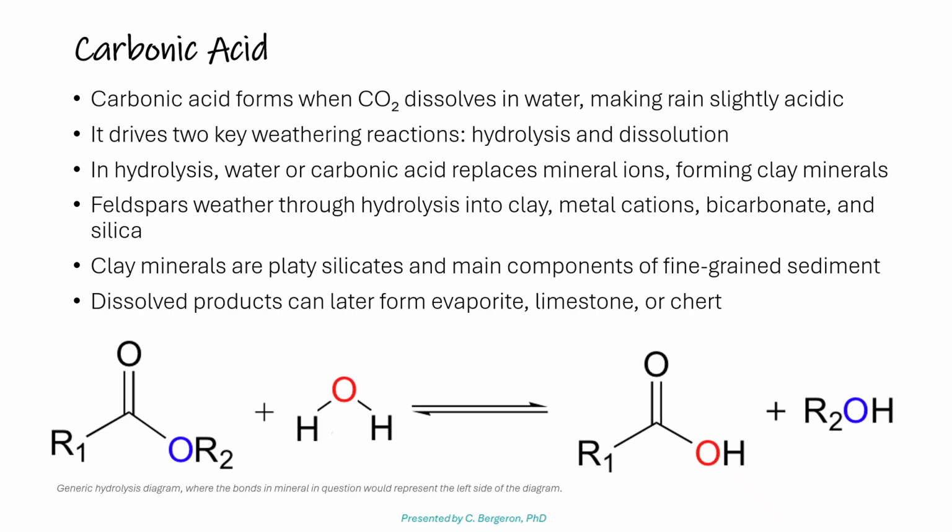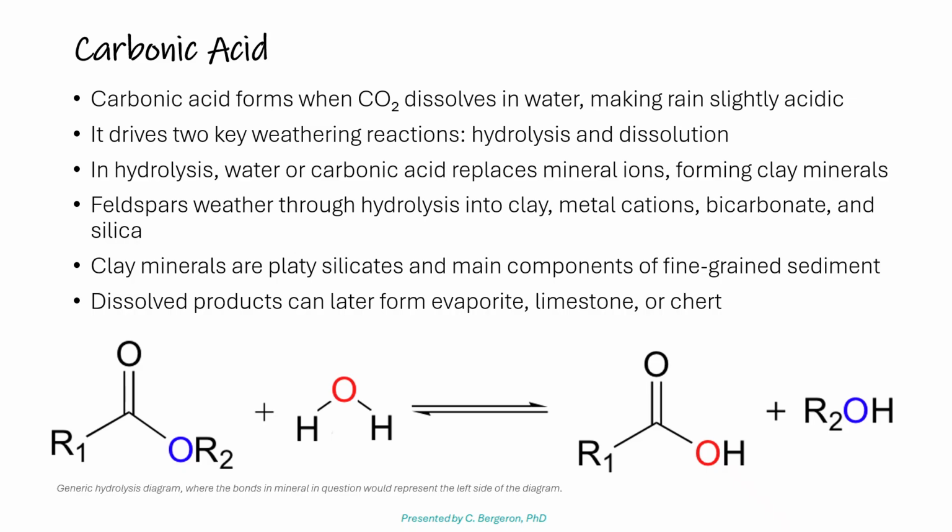Now, hydrolysis can occur two ways. One way is when the water molecules ionize or break apart into the positively charged hydrogen plus 1 and the negatively charged hydroxide OH, which has a negative 1 charge, and it replaces mineral cations in the crystal lattice.